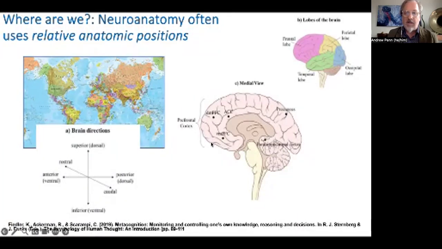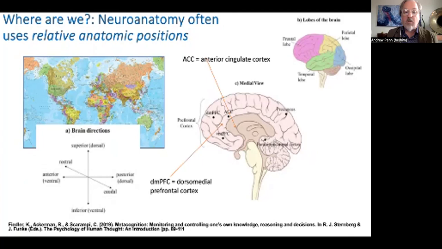And you'll see these abbreviations, which are areas that are commonly talked about, say, in mood disorders. So ACC would be the anterior, meaning towards the front, cingulate cortex. So it's in front of, or towards the front of the brain, towards the eyes, if you will, of the cingulate cortex. The dorsal medial prefrontal cortex.